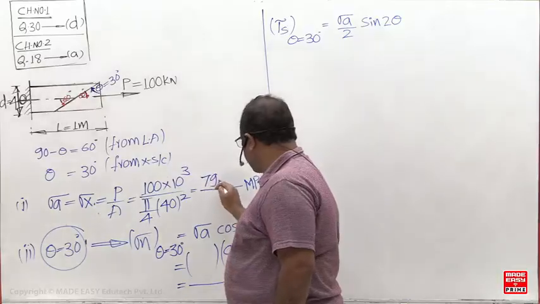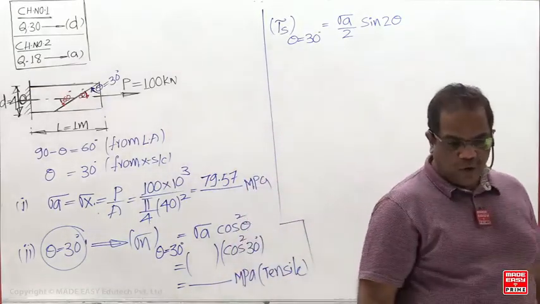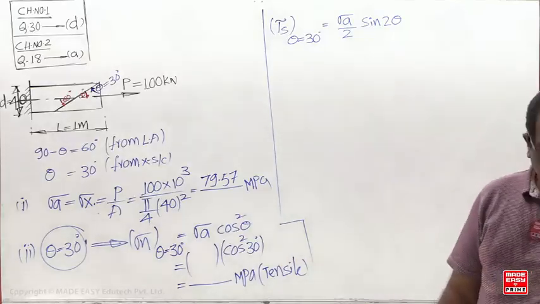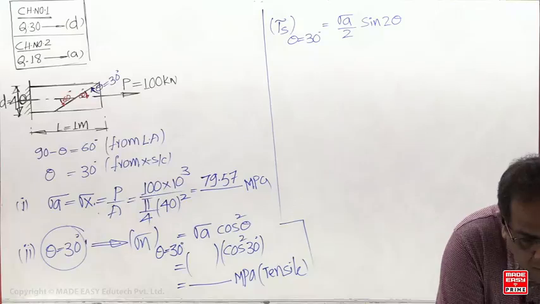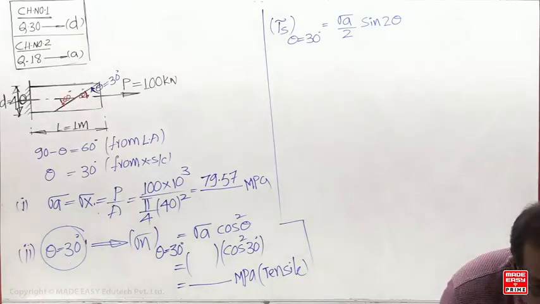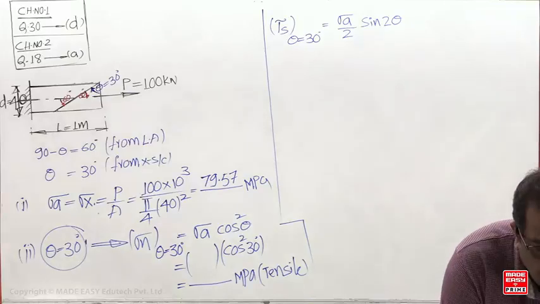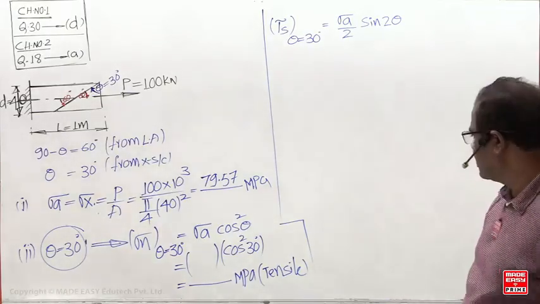One of your friends, probably Mr. Anurag, has given 79.57. I hope it is correct now. And another friend, Mr. Minal, normal stress is 59.67.